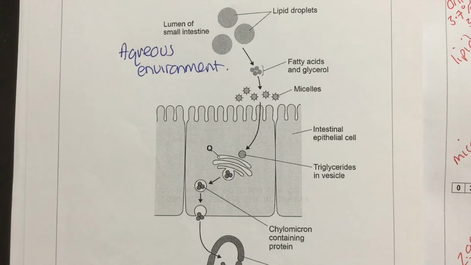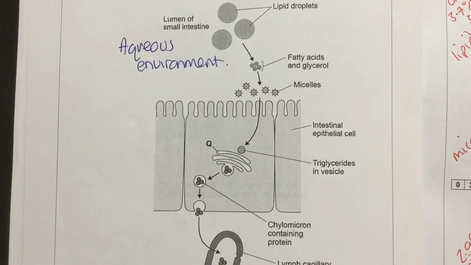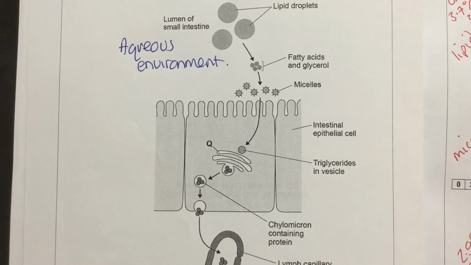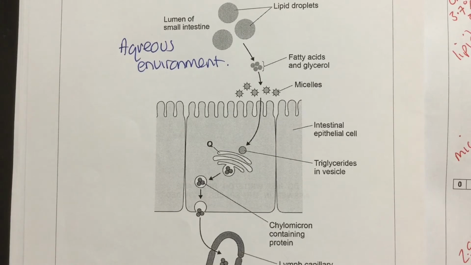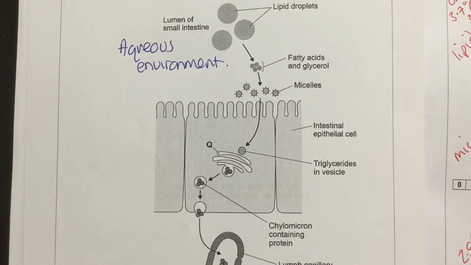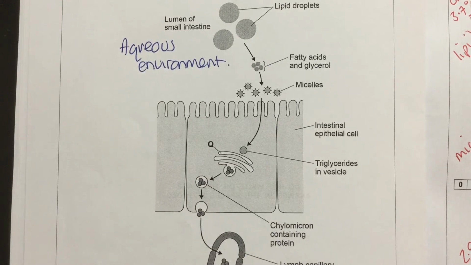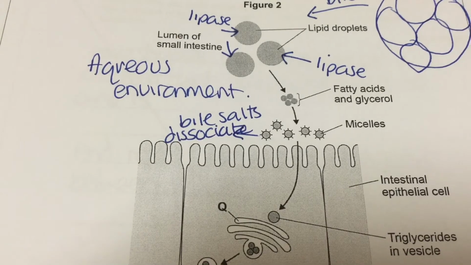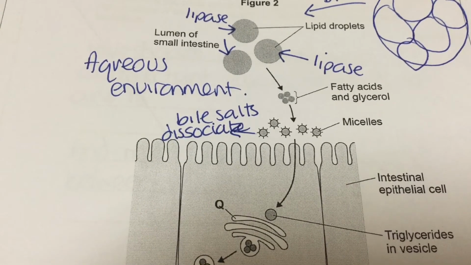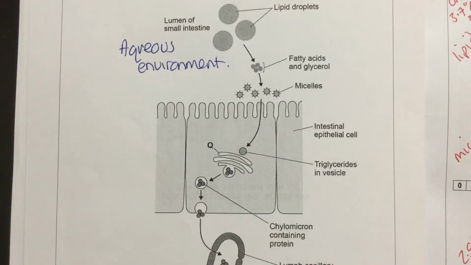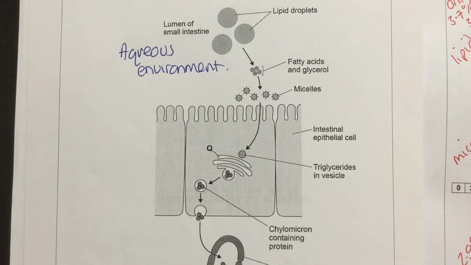And so bile salts stay in association with those molecules until they reach the intestinal epithelial wall. Otherwise, they would clump back together, and we don't want that because it would then be too large to pass into the intestinal epithelial cell. Once the micelles are at the intestinal epithelial cell membrane, the bile salts can dissociate, they break away, and the fatty acids and glycerol are free to diffuse across that lipid membrane and into the cell.